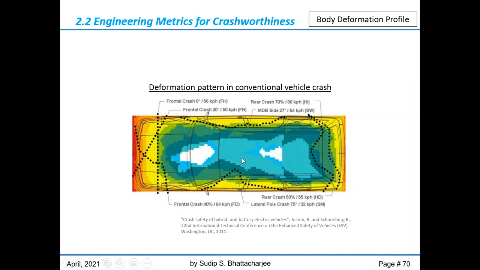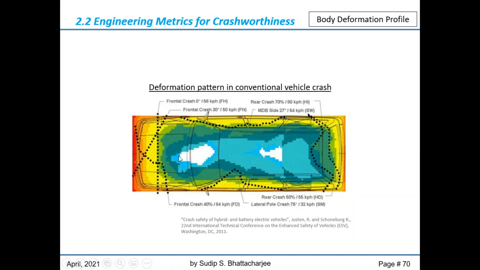Now let's look into the other part of the design. This is a picture again from published literature in the public domain. It is summarizing the deformed shape or intrusion shape of the vehicle under different crush modes: front impact, certain deformation happening; rear impact, certain deformation happening; side impact, certain deformation happening.